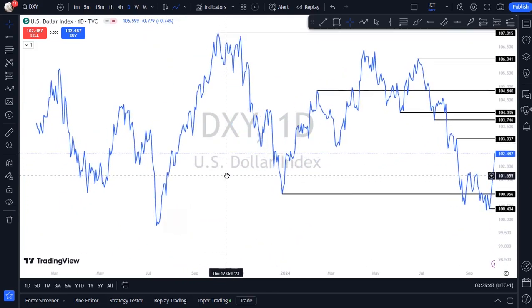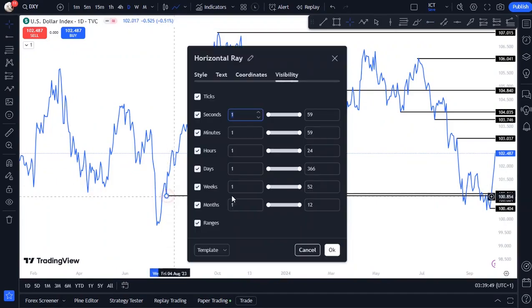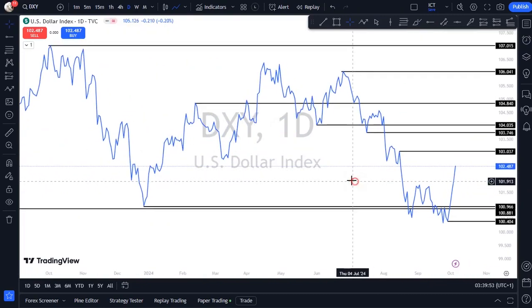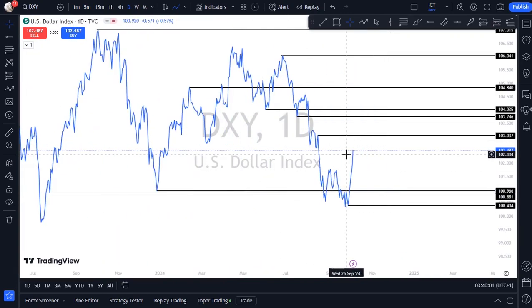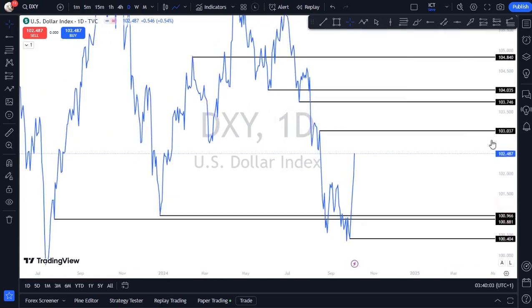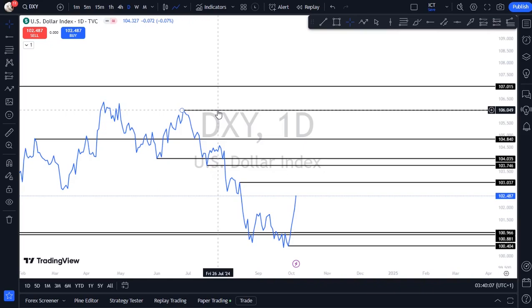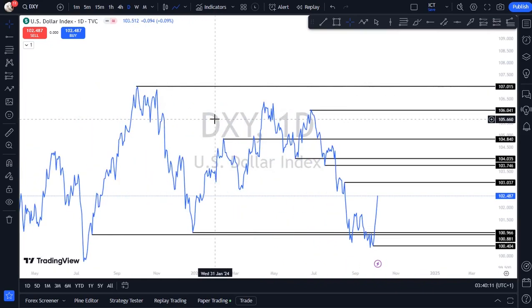Okay, what else can we infer here? Now, all these levels, whenever they are being formed, you can see how this whole thing here is just trapped around this place. So when you see levels like this, what you want to know is if these levels have been used up or they are still fresh.